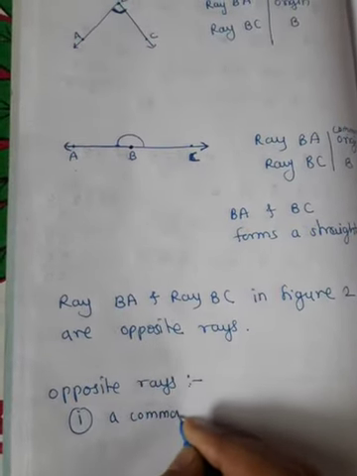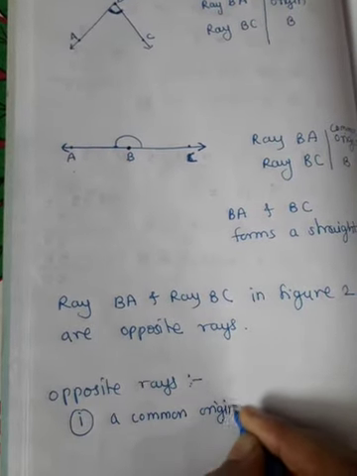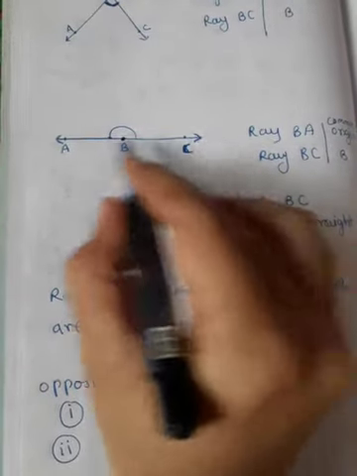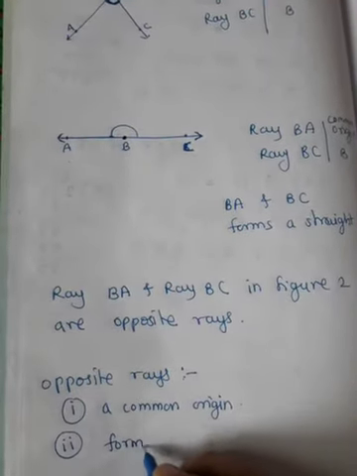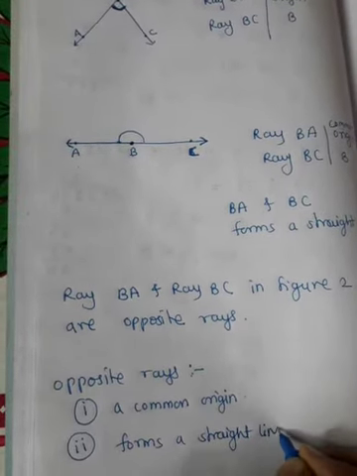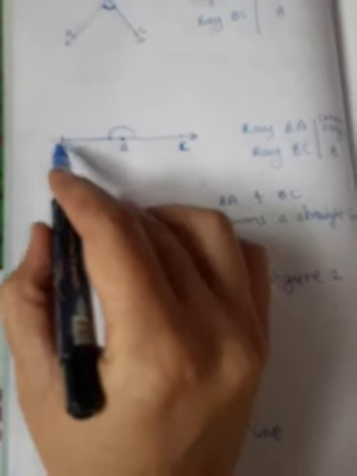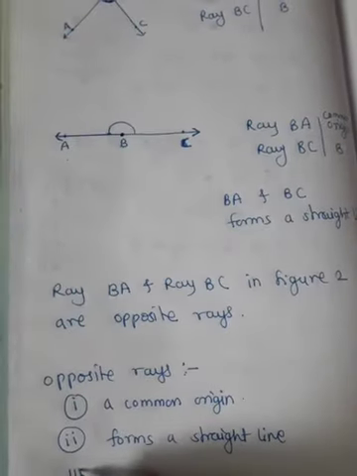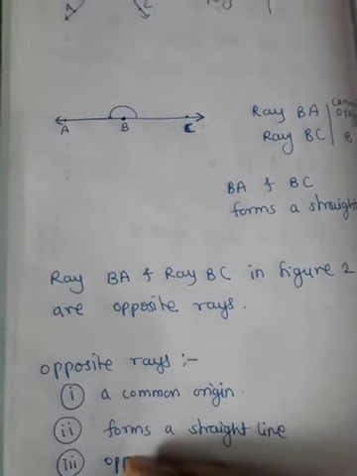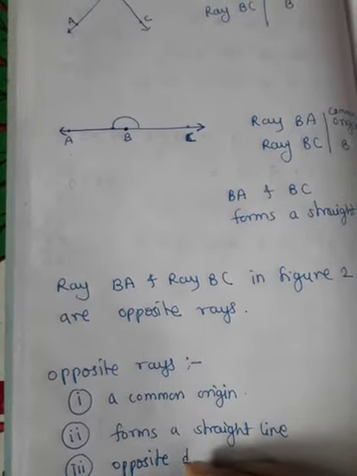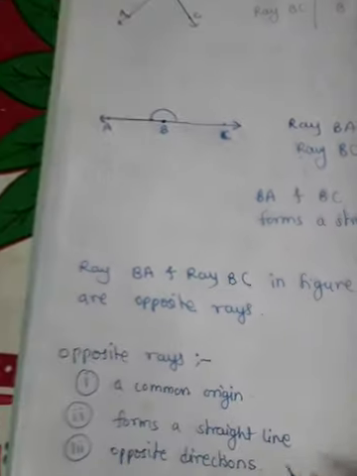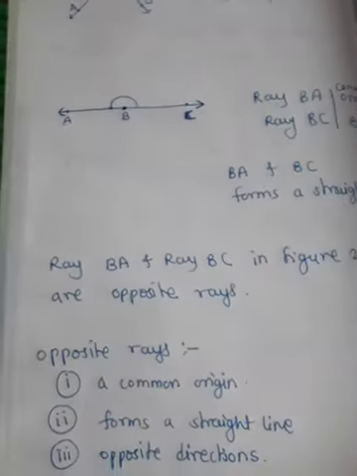The second condition is that they form a straight line, and also they must be in opposite directions. So if these three conditions are satisfied by any two rays, then we can say that the given two rays are opposite rays.